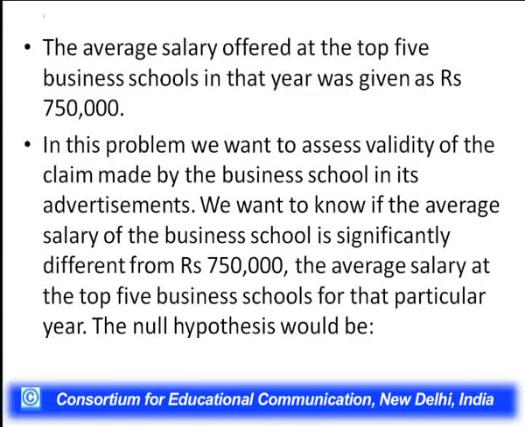The average salary offered at the top 5 B schools in that year was given as 7,50,000. In this problem, we want to assess the validity of the claim by the business school in its advertisements. We want to know if the average salary of the B school is significantly different from 7,50,000, the average salary of the top 5 business schools for that period.